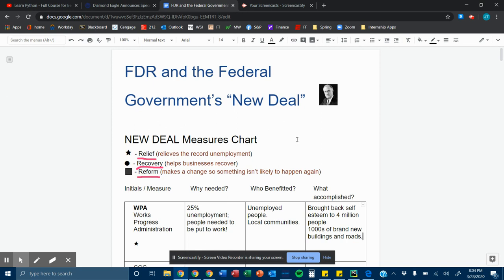Most people called him Franklin or Franklin Roosevelt before that, but after the first 4 years of these New Deal measures taking effect, he became affectionately known by many. Not everybody, certainly not by a lot of Republicans. They didn't affectionately call him FDR, but most Americans did. And that's why this guy will go on to win 4 elections, because people felt like he was more effective at his job than other choices in the 1930s.